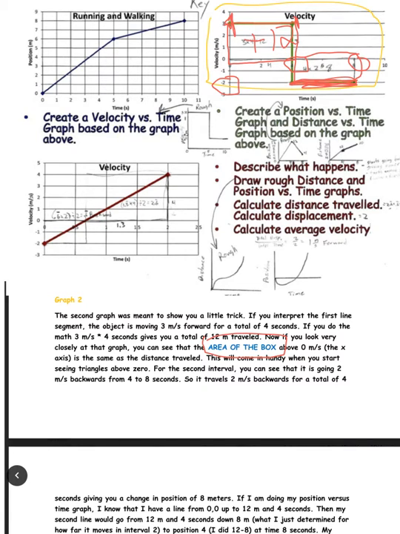That is a total of 4 seconds. Its speed is 2 meters per second backwards. So 2 meters per second backwards for 4 seconds will give me a distance of 8, also the area of that box. So it will go 8 meters backwards in that period of time.